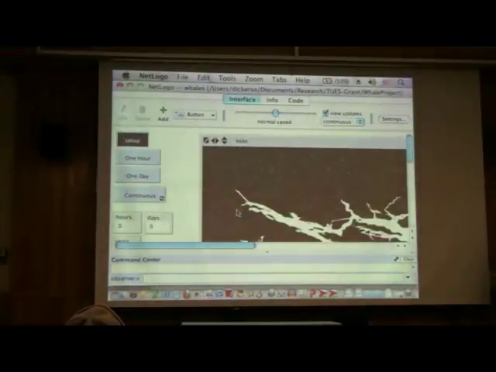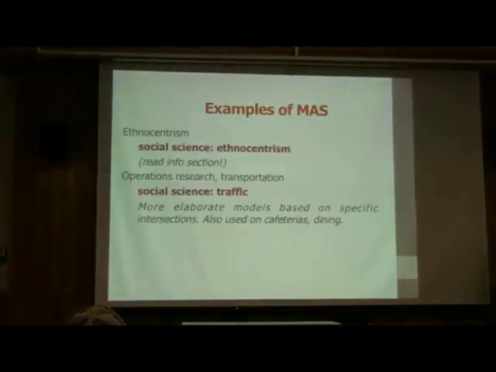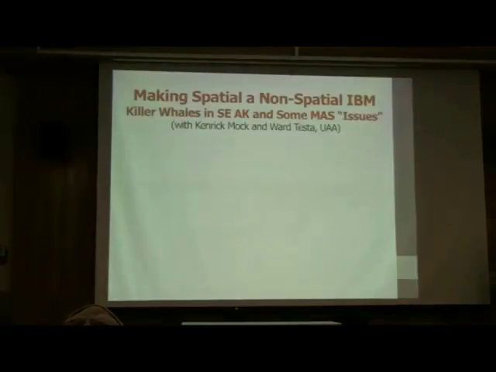All right. I'm loading my world again, so there's some other models that we have time I want to look at. Briefly look at making spatial a non-spatial individual-based model.